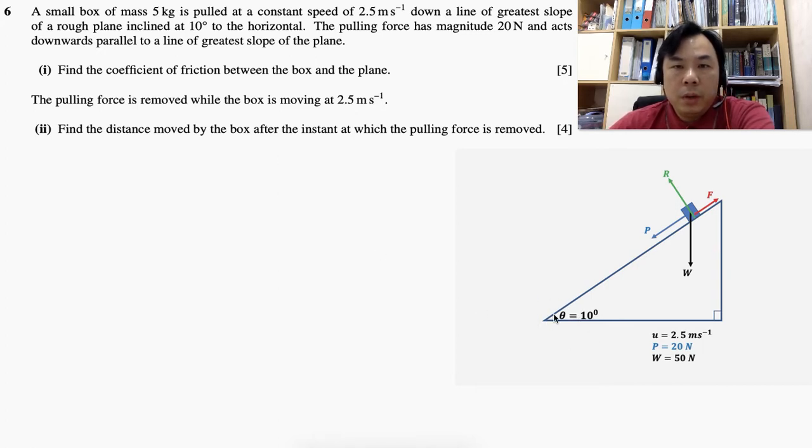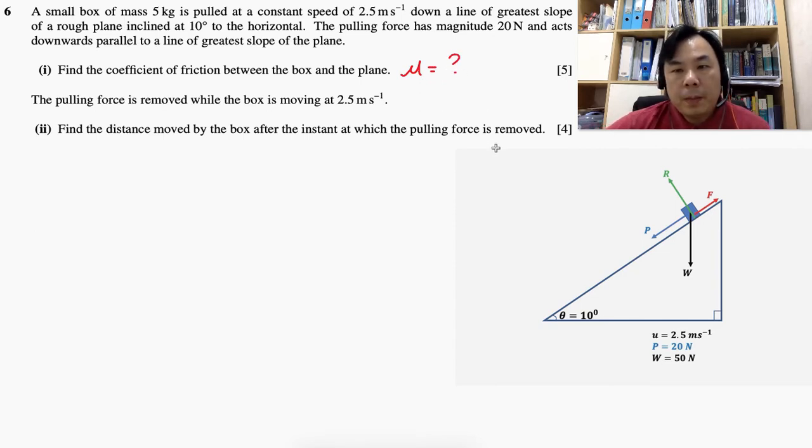The pulling force, labeled as P, has a magnitude of 20 Newton and acts downwards parallel to the line of greatest slope of the plane. Now the first question, find the coefficient of friction between the box and the plane. This is the question that we need to answer here. What is the coefficient of friction?